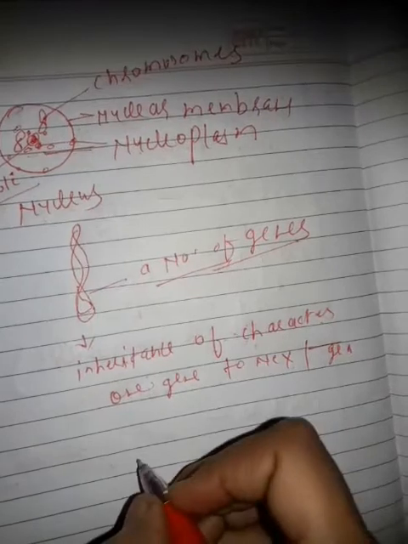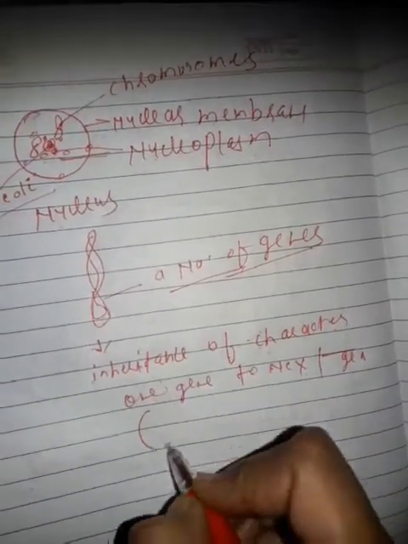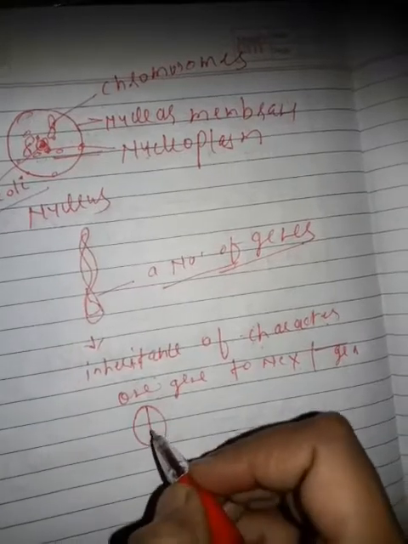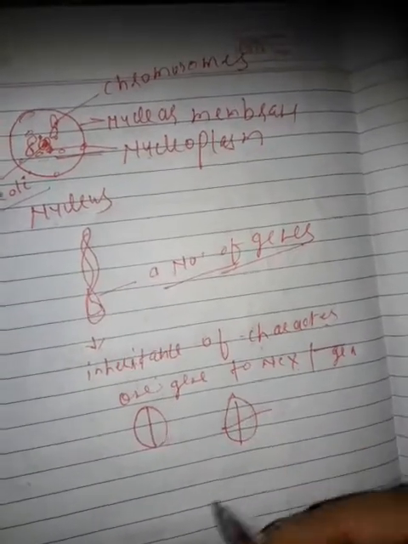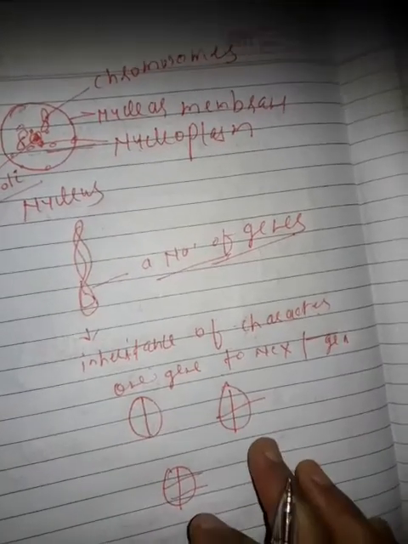The chromosomes can be seen only when a cell divides. First it divides into 2 parts, then 4 equal parts, then 8, and then 16.